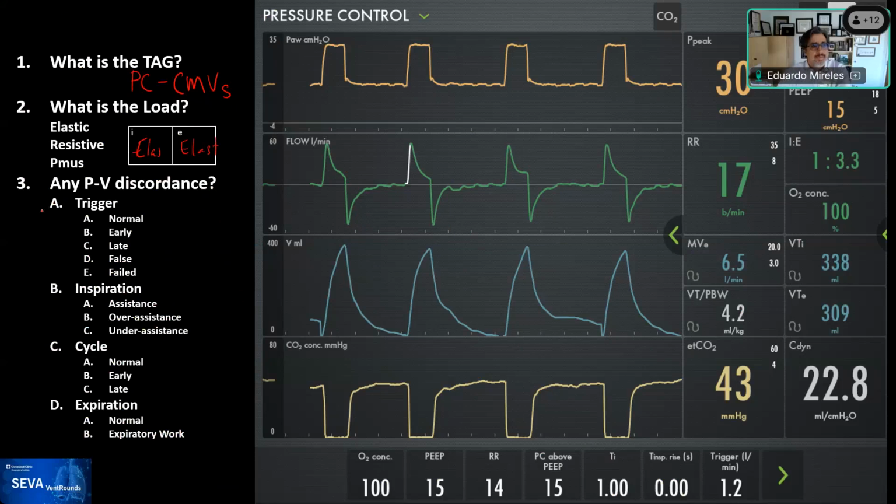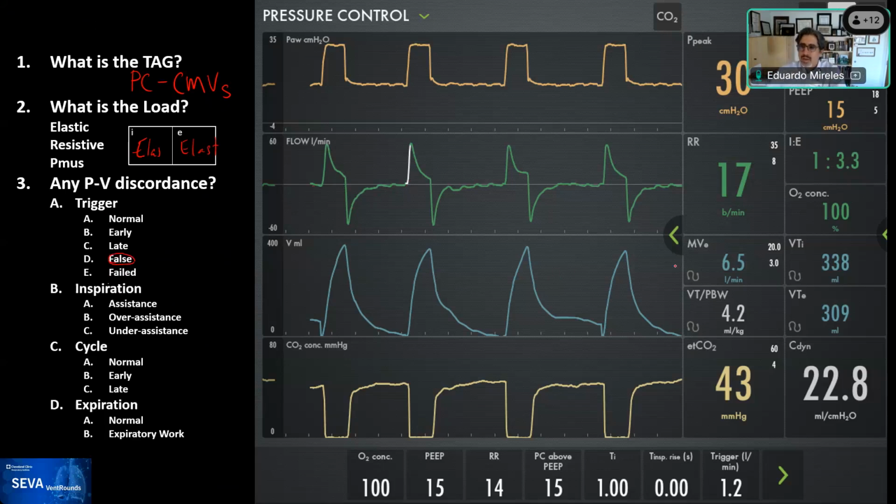Yeah. So what about the trigger? Is it normal, early, late, false, or failed? Yeah. So I have a couple of people talking about the presence of false on the second breath, and they recognize the presence.